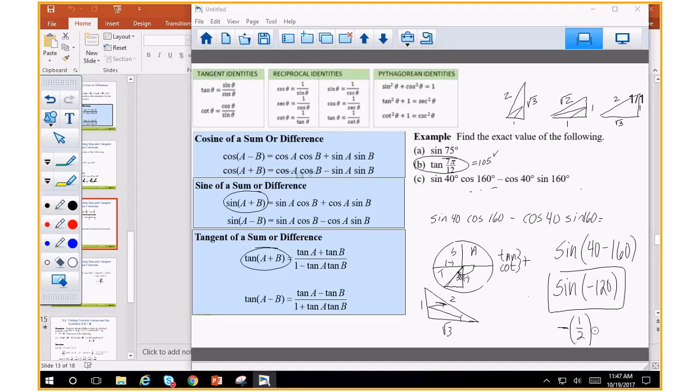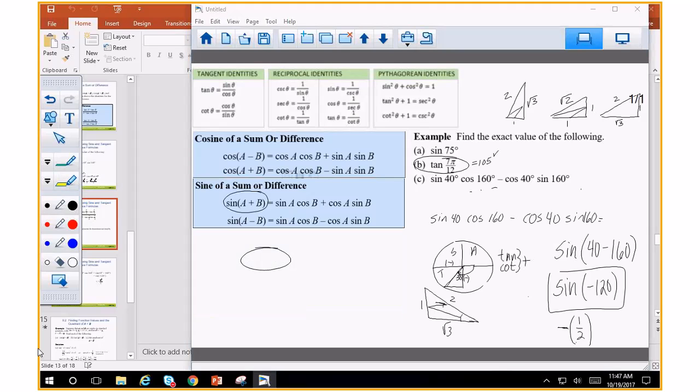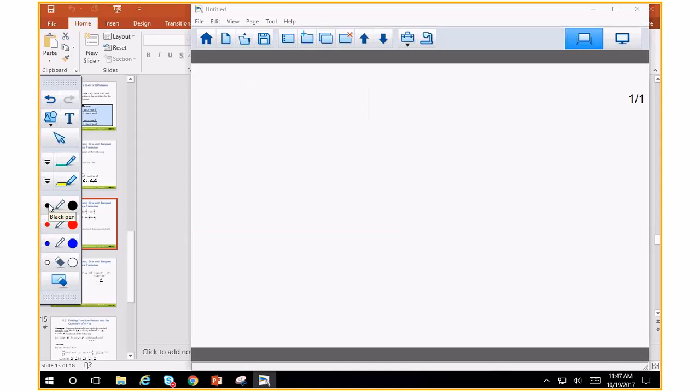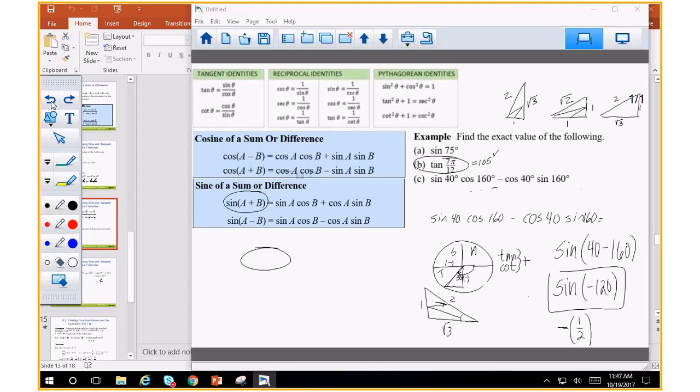I know what I did wrong. Look here, y'all. This is 30 degrees right here. If this is 30 degrees, right?